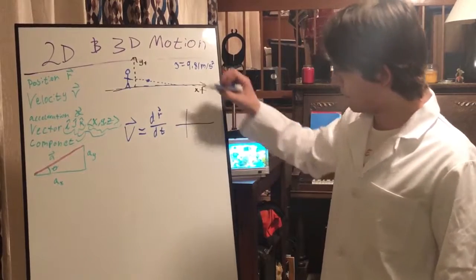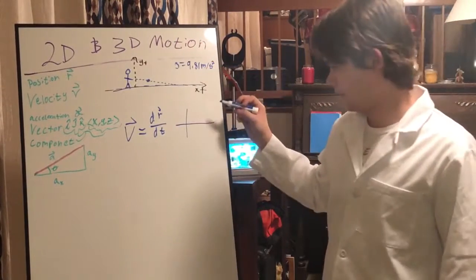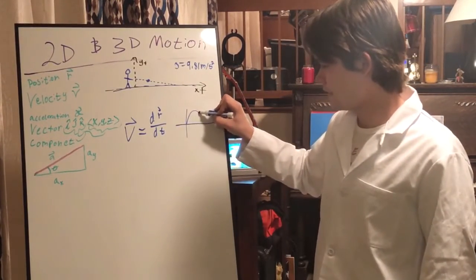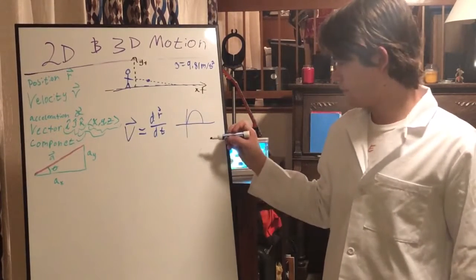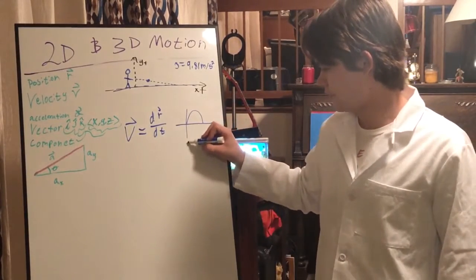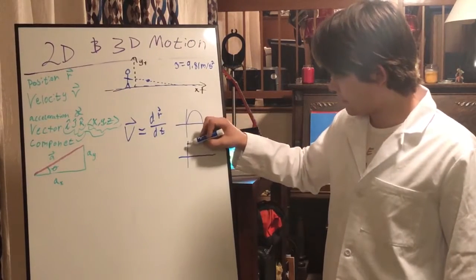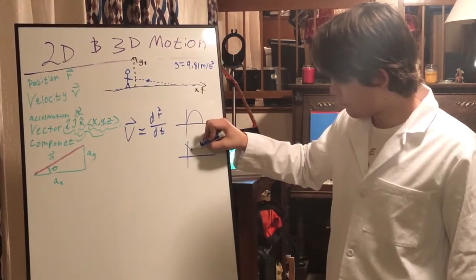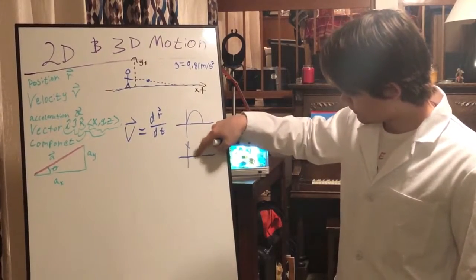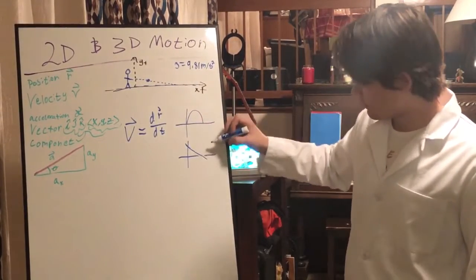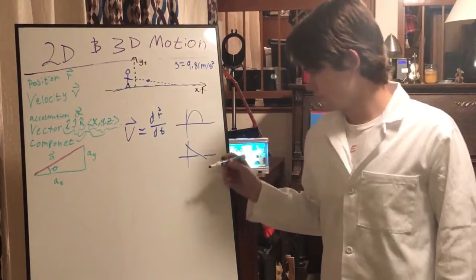For example, if the ball was thrown up in the air and then came down onto the lane, position would be given by something like that. Velocity would be the derivative of that, which would look something like this, as the derivative of a quadratic will always be linear.